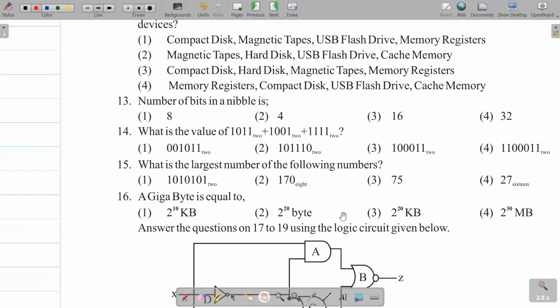People, just give me 1 minute. My little one is not well. I have to check her temperature.